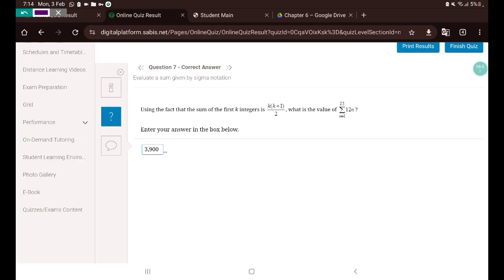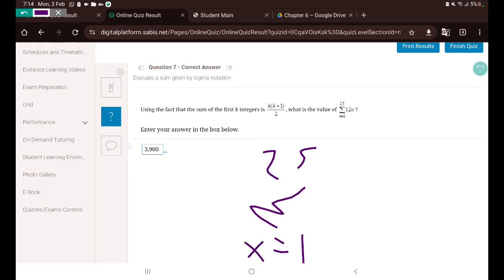Okay, another sigma notation. Same thing. You do shift log, do 12x in the middle, and x equal 1, and above the sigma looking thing you do 25. Oh, and because I didn't draw it, you do 25, x equal 1.